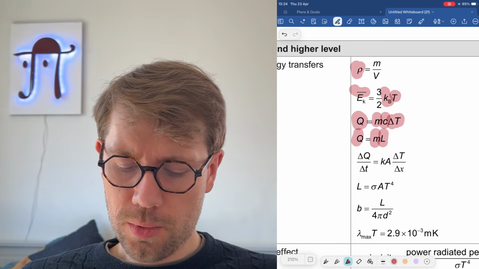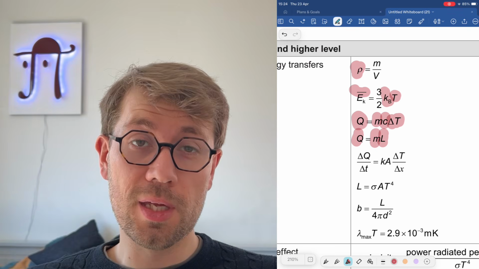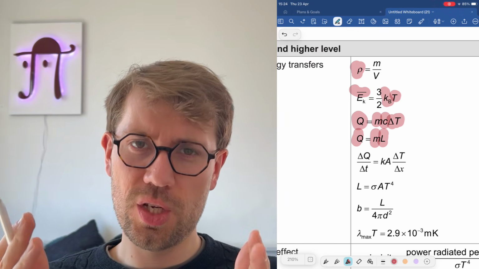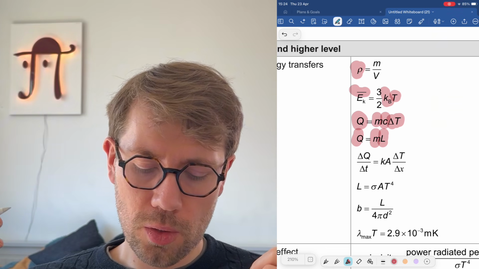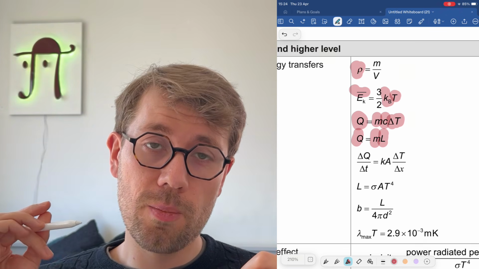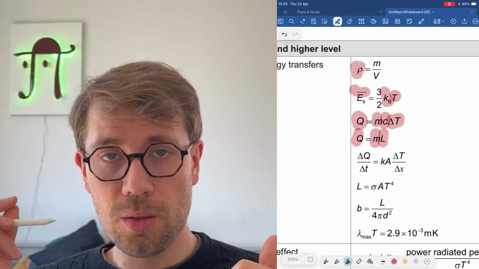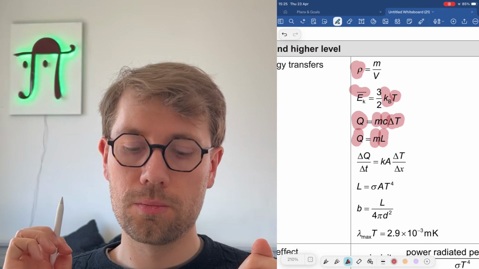Let's talk a bit about some of those words, because I said specific heat capacity. Specific means per kilo. It's got like a legit meaning in physics. It means per kilo. So if you want to describe specific heat capacity, it's the amount of energy needed to heat up 1 kilogram of a substance by 1 degree Celsius.